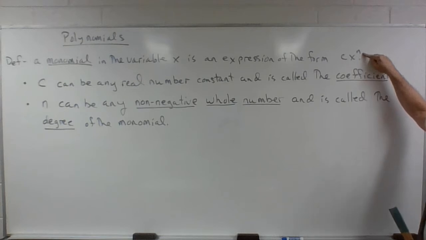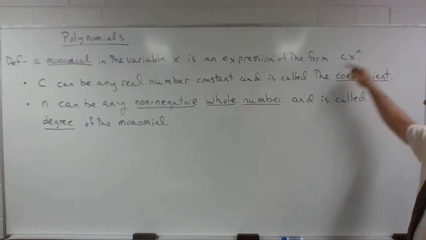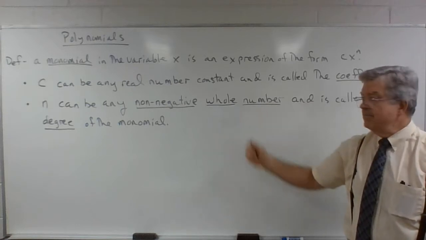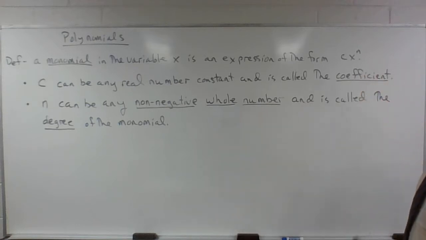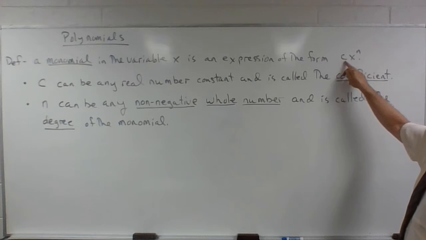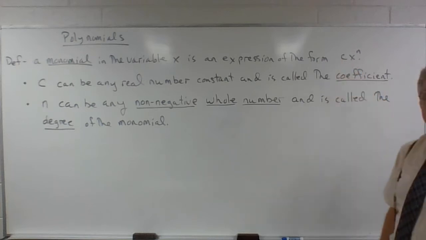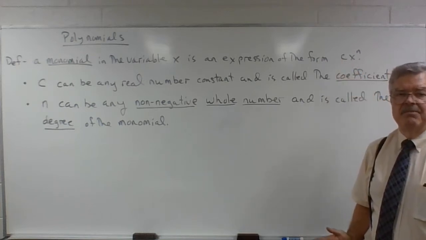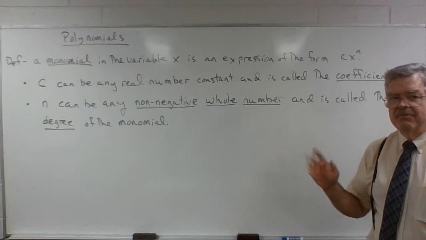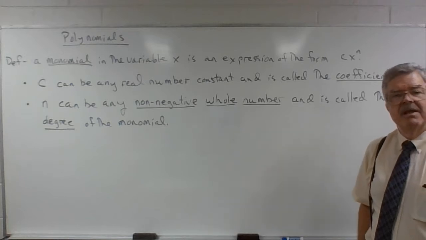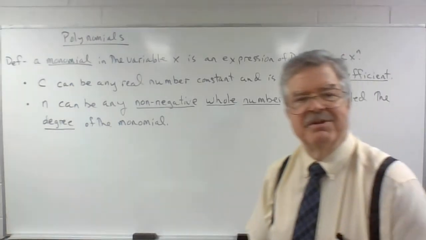Zero is non-negative, right? So the degree n has to be a non-negative whole number. The coefficient c can be any real number constant. Let's look at some examples.